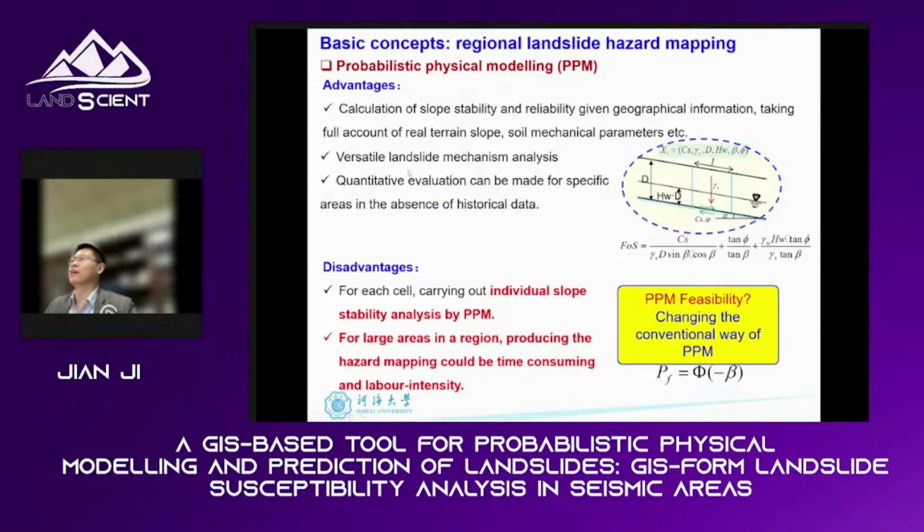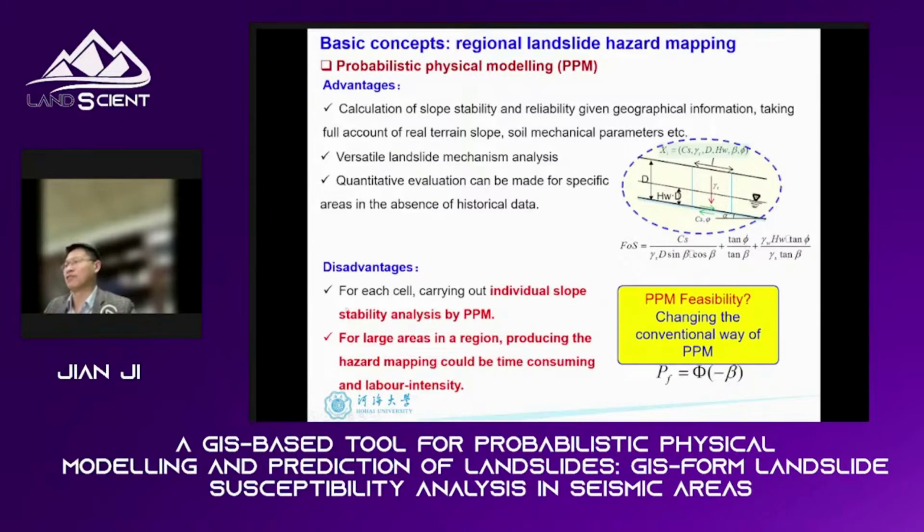We can also include versatile landslide mechanical analysis, adapting to different stability models, and a quantitative evaluation can be made for specific areas in the absence of historical data. Those are some advantages of the so-called probabilistic physical modeling, but unluckily it is also subject to some disadvantages.